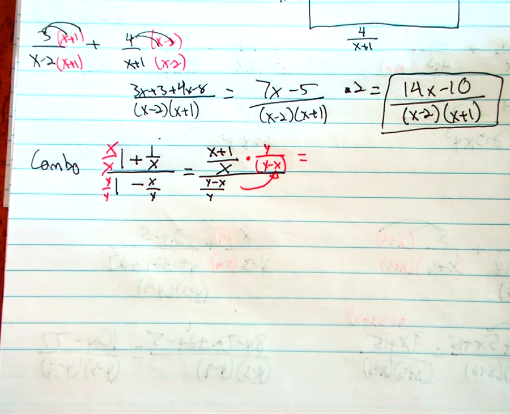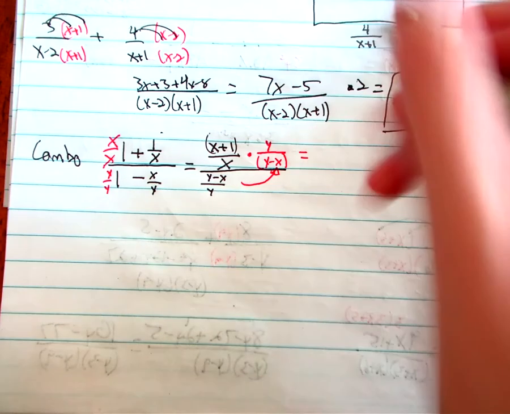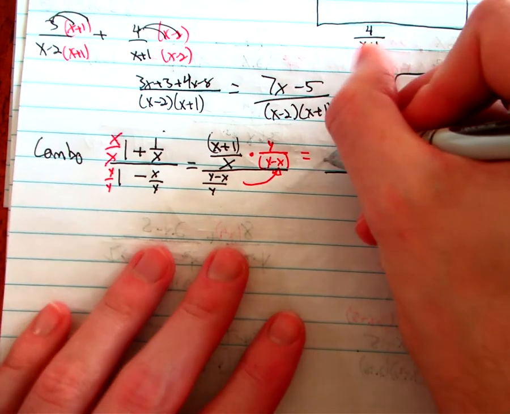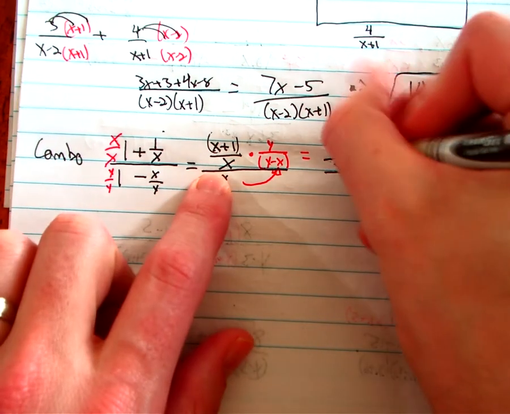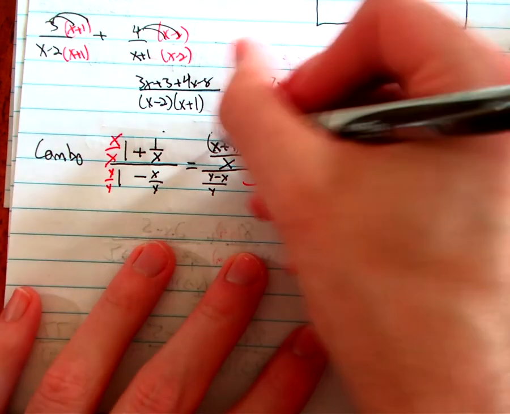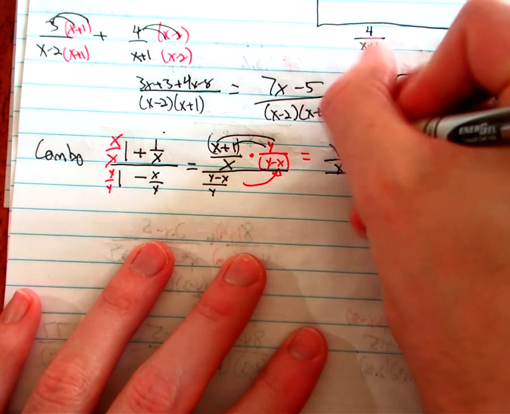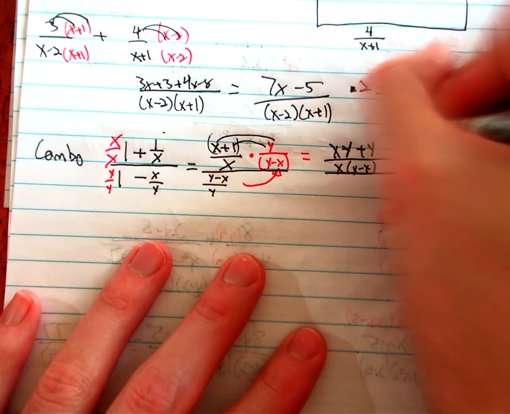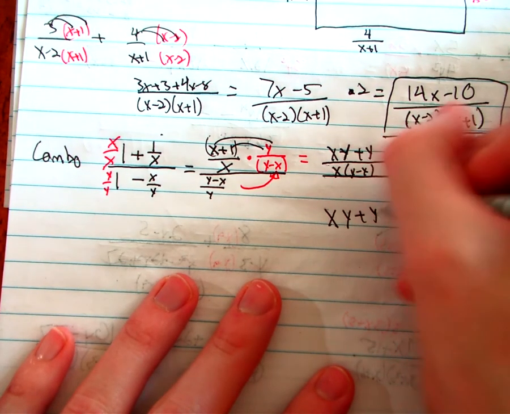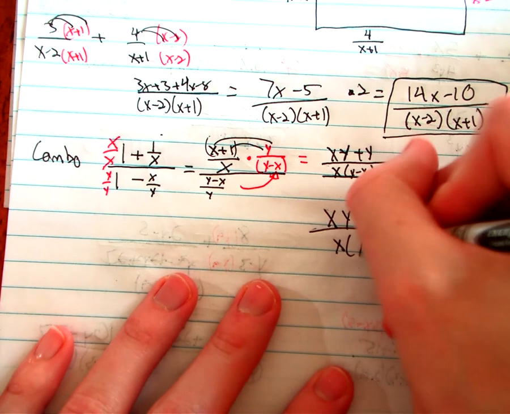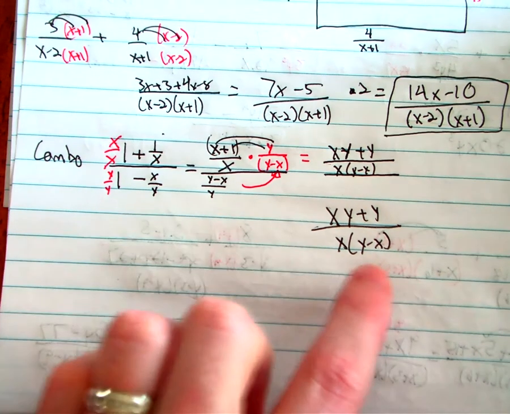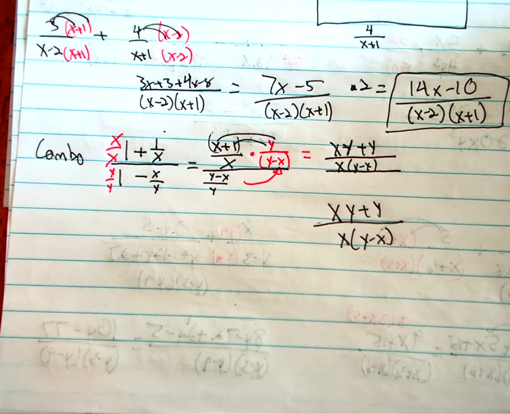Okay, and just to kind of keep with how we've been doing things, we leave the bottom factored, x times y minus x, and we've been simplifying the top, xy plus y. Alright, I'll rewrite that. xy plus y over x times y minus x. Okay, it's okay. We've been leaving the bottoms factored, and then we simplify the tops.